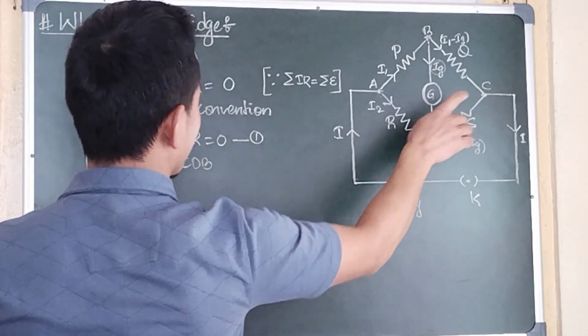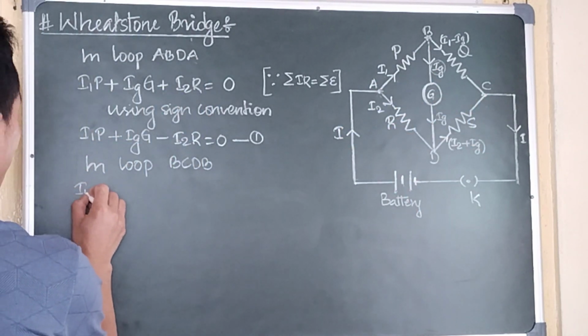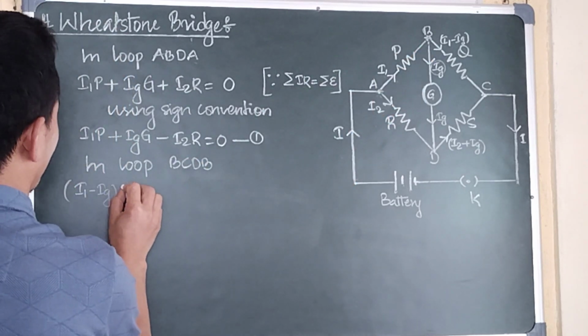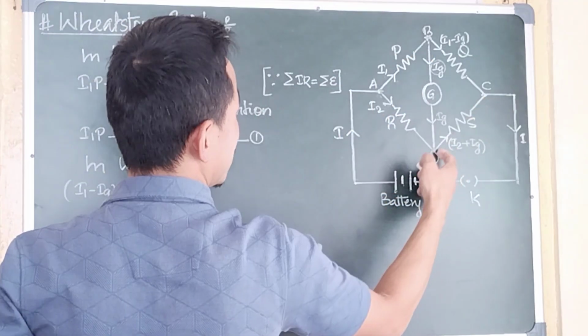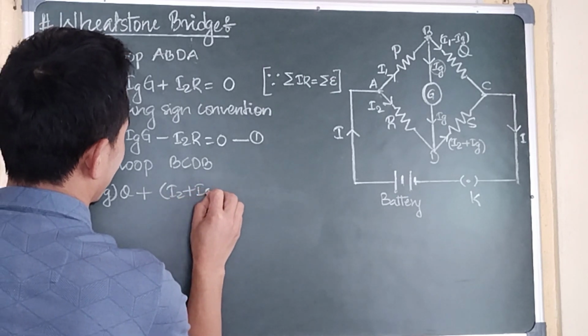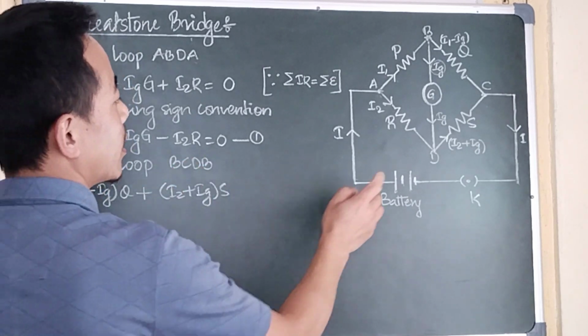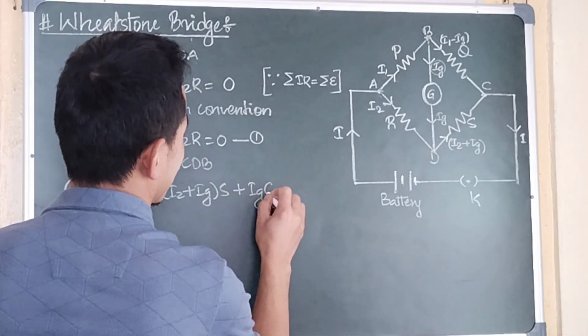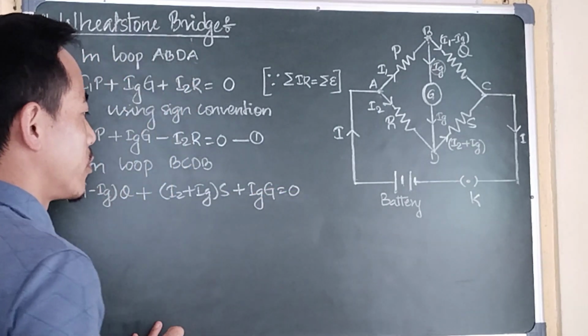In the arm BC, the current is I1 minus IG and the resistance is Q. In the arm CD, the current is I2 plus IG and the resistance is S. And in the arm DB, the current is IG and the resistance is G, and it equals 0.